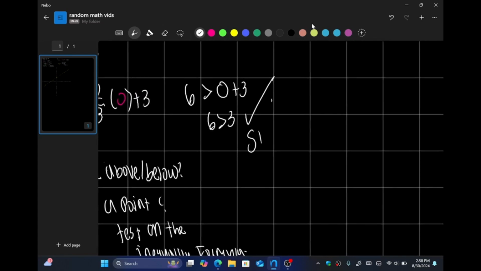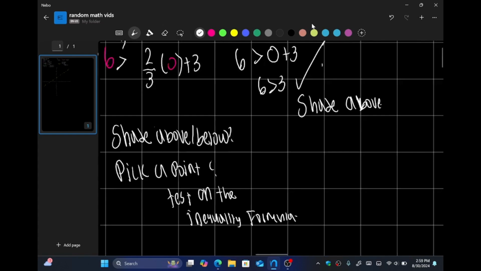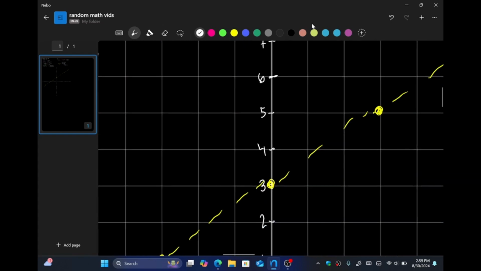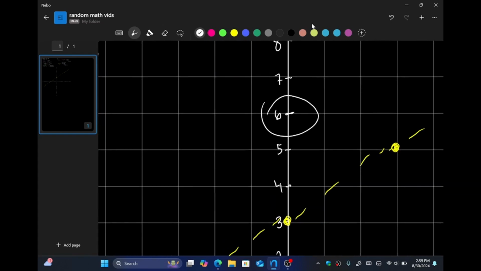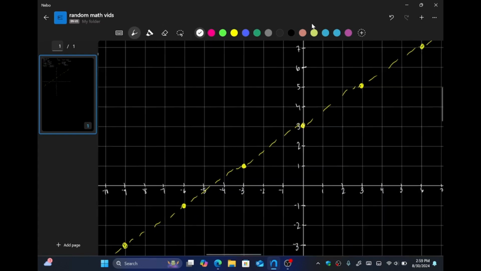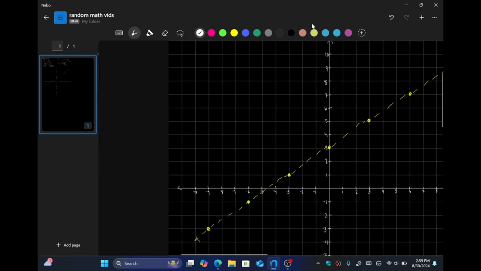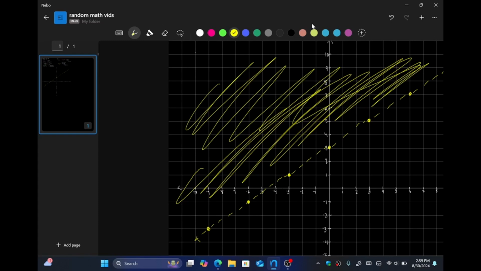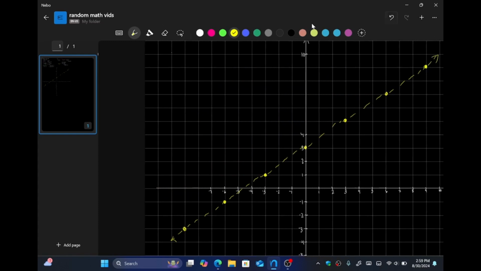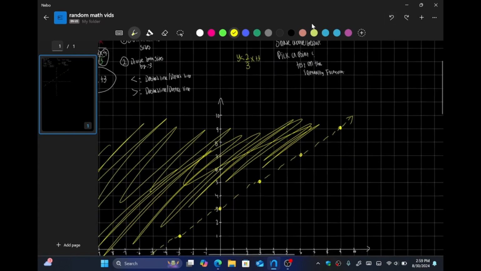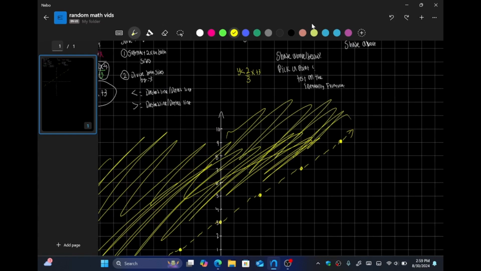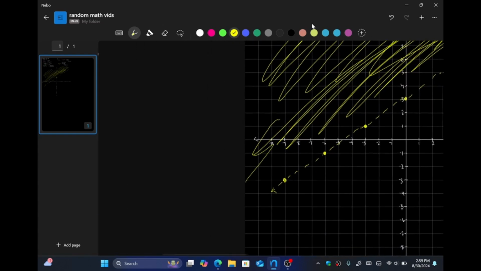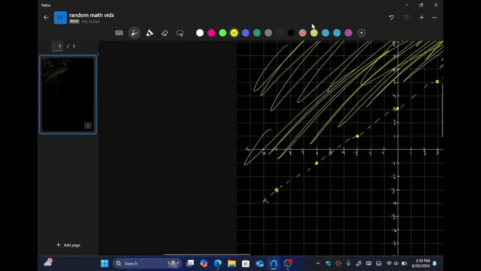So shade above, because the point 0, 6 satisfies the inequality. So we shade this entire area, right?